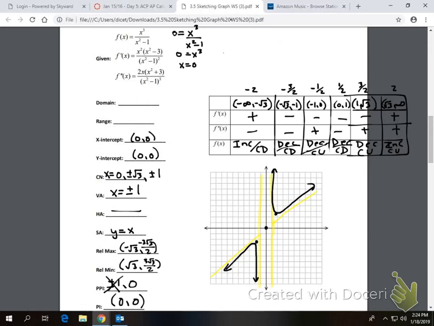Now look at this middle part. From -1 to 1, it's always decreasing. Where am I? I'm sorry, right here. It's always decreasing. It's concave up to concave down. It looks like this. So here it's decreasing, concave up, decreasing, concave down, and there at 0, 0 is that point of inflection.